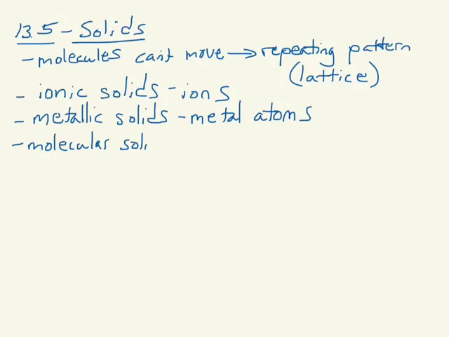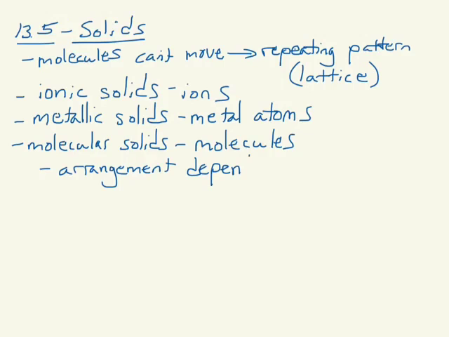Molecular solids are made up of molecules that repeat in a pattern in some sort of crystal structure. Their arrangement depends on the shape of the molecules and what kind of intermolecular forces they have.